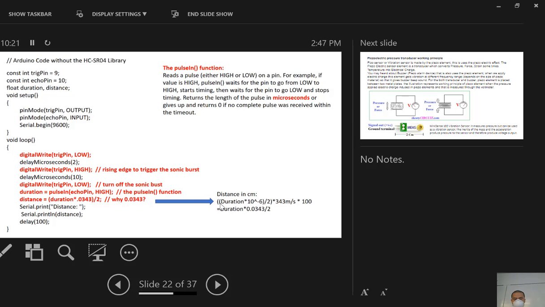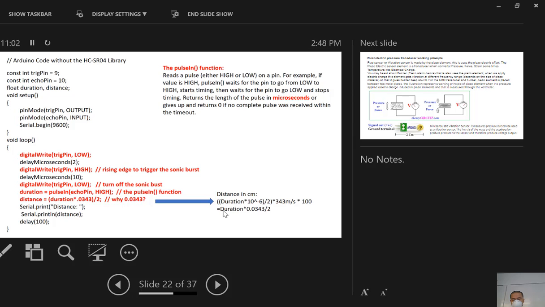If you do the calculation, the duration is in microseconds, so microseconds times 10 to the negative 6 gives seconds. That's the duration for 2 trips, right? The round trip of the sound. So divided by 2, you get the duration for a single trip, and times the speed. The speed of sound is 343 meters per second, times 100 to convert into centimeters per second.